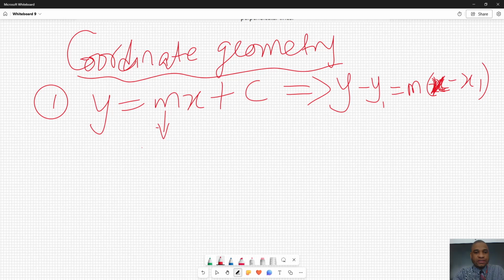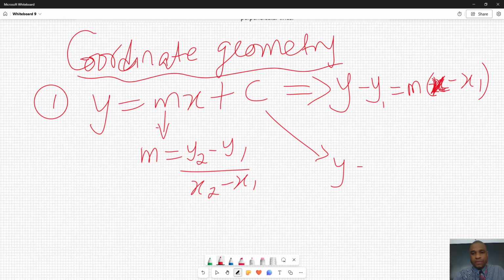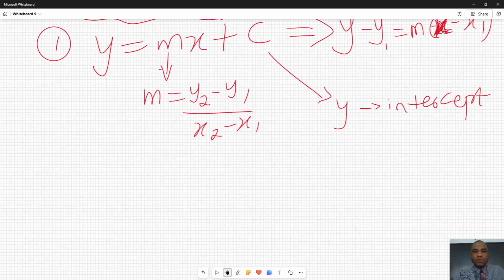This is m, and it equals (y2 minus y1) over (x2 minus x1). And this is the y-intercept, c.